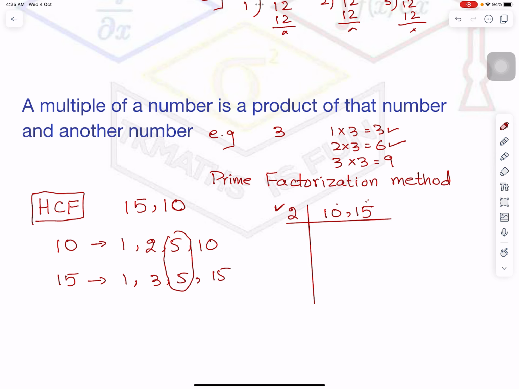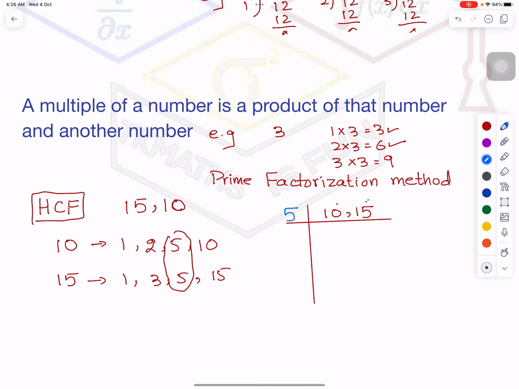I have to look for the number which divides both of them. 2 will divide 10 but not 15, so I cannot pick 2. 3 will divide 15 but not 10. I can't pick this either. Which number will I pick? 4? No. 5? Yes. 5 will help.